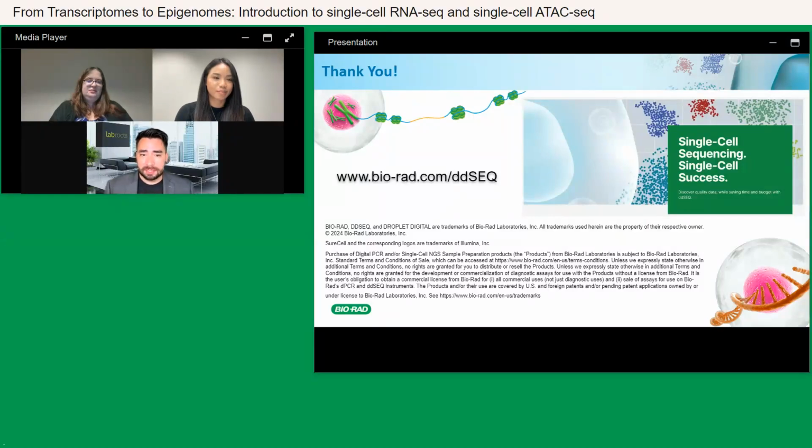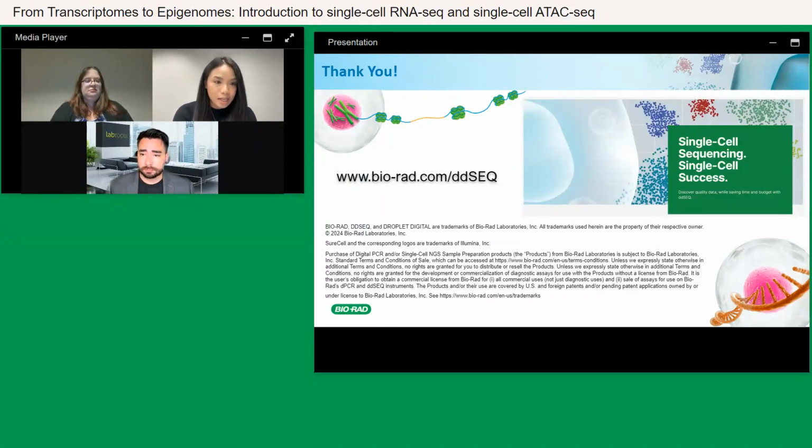I'm going to go ahead and say that this is going to be our final question, unless there are any other audience members that chime in during the answer here. But is the nuclei isolation step required to do single cell ATAC-seq? I can answer that one. Yes and no. Like I mentioned in the presentation, we have two different tagmentation processes: the OmniATAC tagmentation protocol and the whole cell tagmentation.